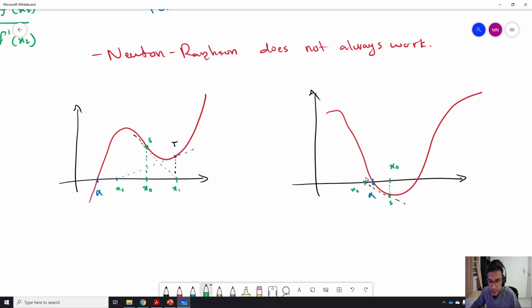Then x2 creates point T, and the tangent at point T creates x2. So this is not consistent, as x1 is firstly moving further away, then moving closer. So this is a situation where the Newton-Raphson model is not working.